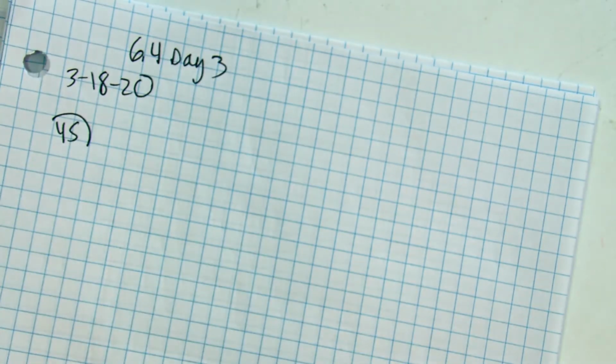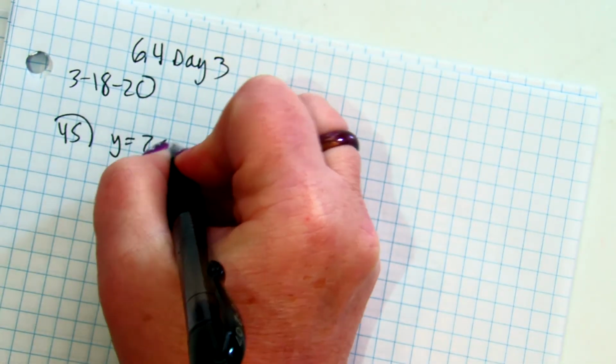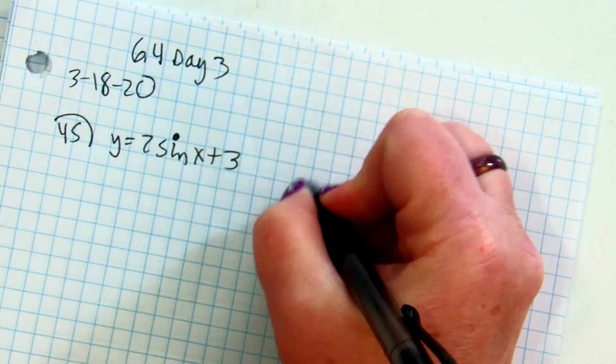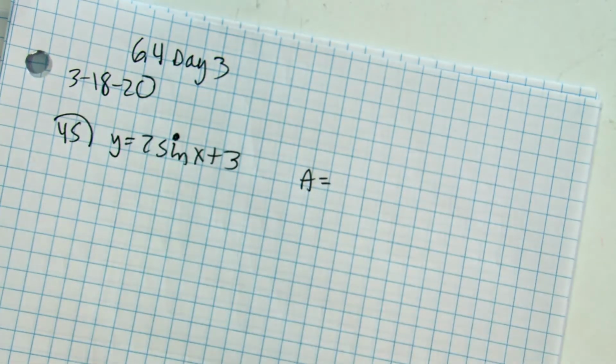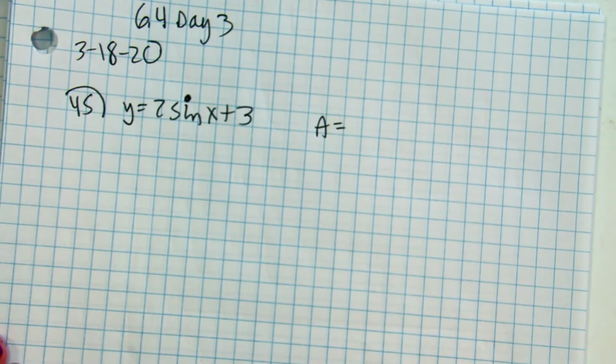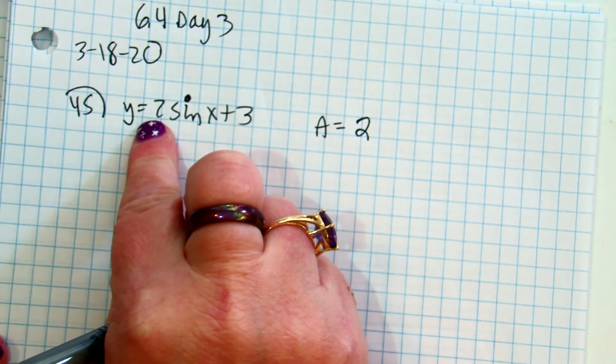Number 45, we're going to graph y equals 2 sine x plus 3. What's the amplitude? Two. It's the number in front, the absolute value of it.